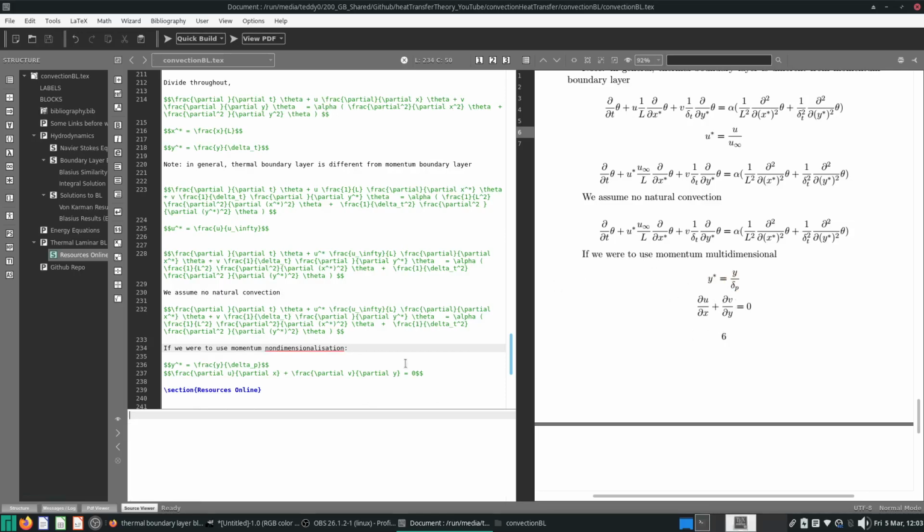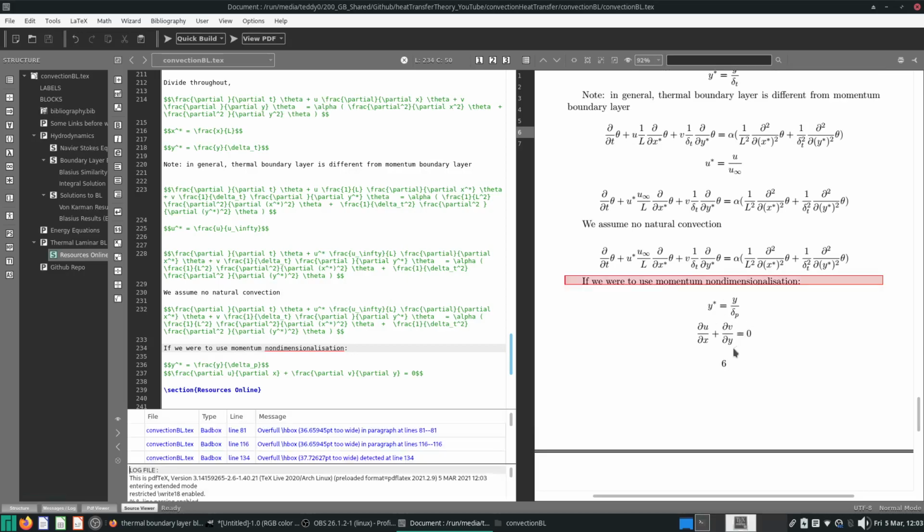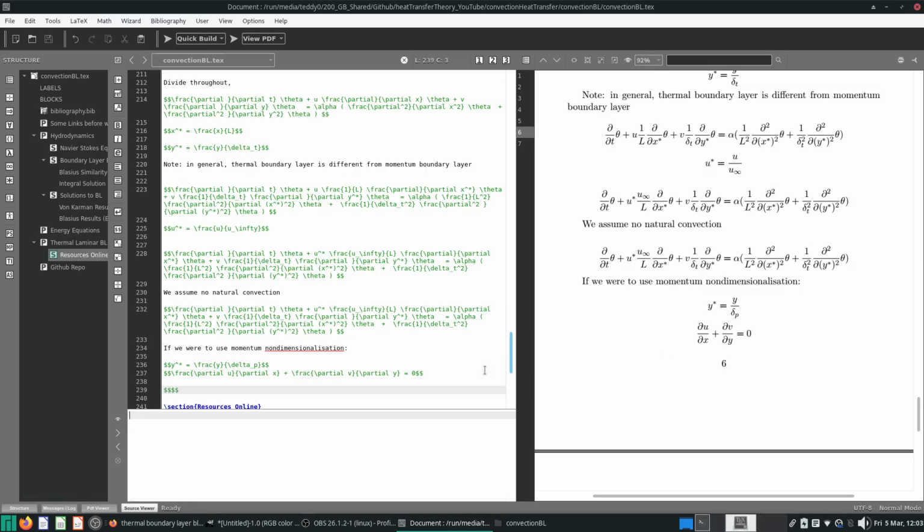So if we were to use momentum non-dimensionalization, we would usually take this as y star, and we can then get an order of magnitude estimate for V. This is how it is done, and I know it adds a little more complexity now, but we'll have to go through with it.